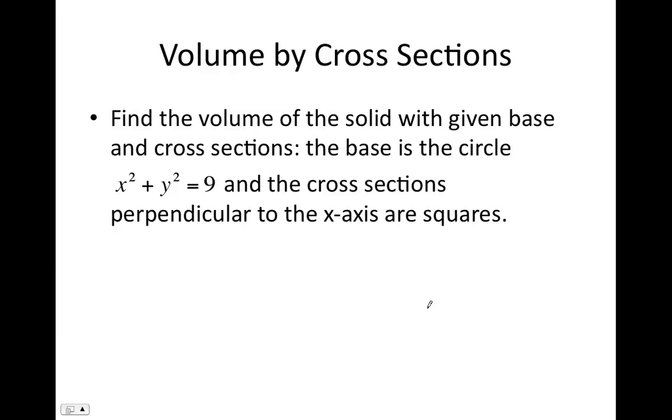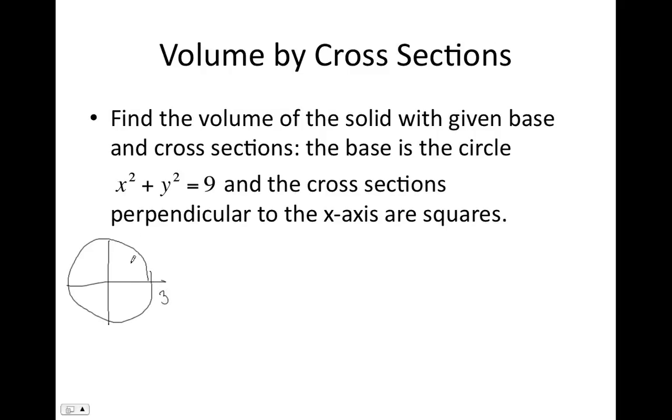Let's do one more. Find the volume of the solid with the given base and cross sections. The base is the circle x squared plus y squared equals 9, which is a circle with a radius of 3.